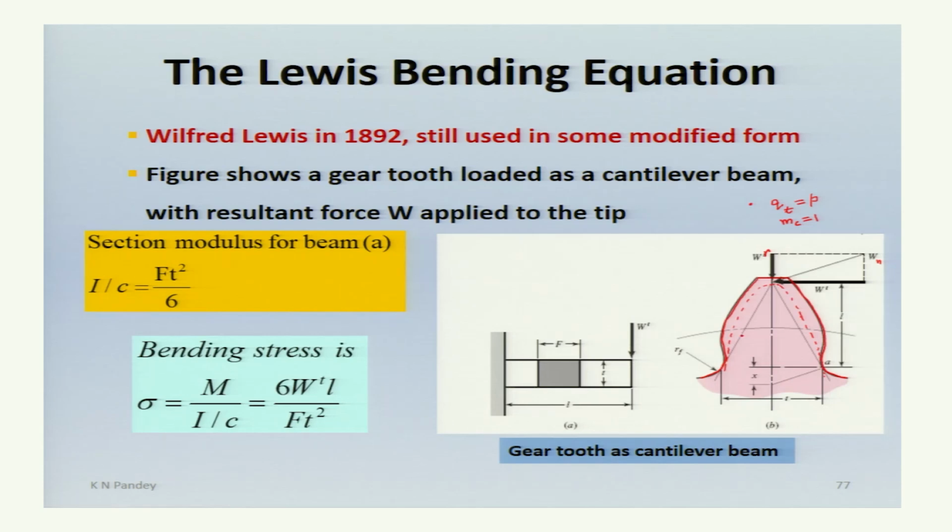So it will be just like a beam of this type, which is fixed at this location, and a uniform load is acting all along its width. The resultant of that is given by this force Wt.